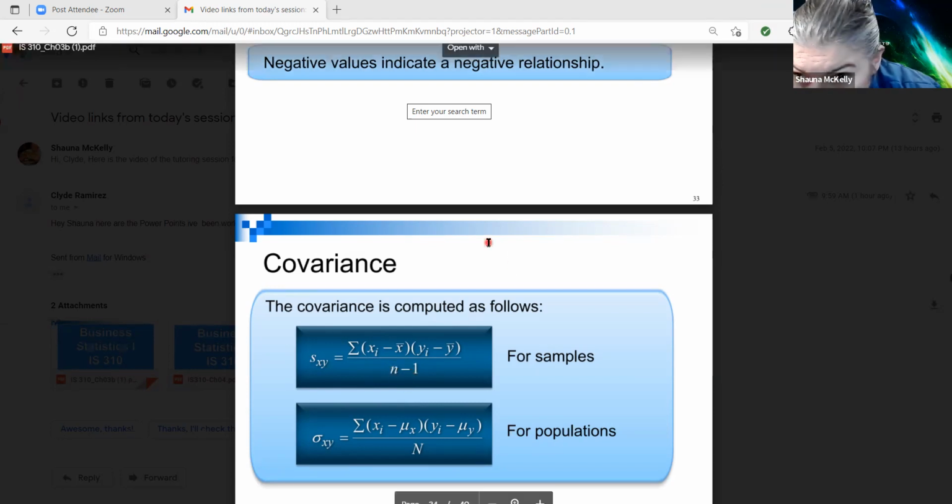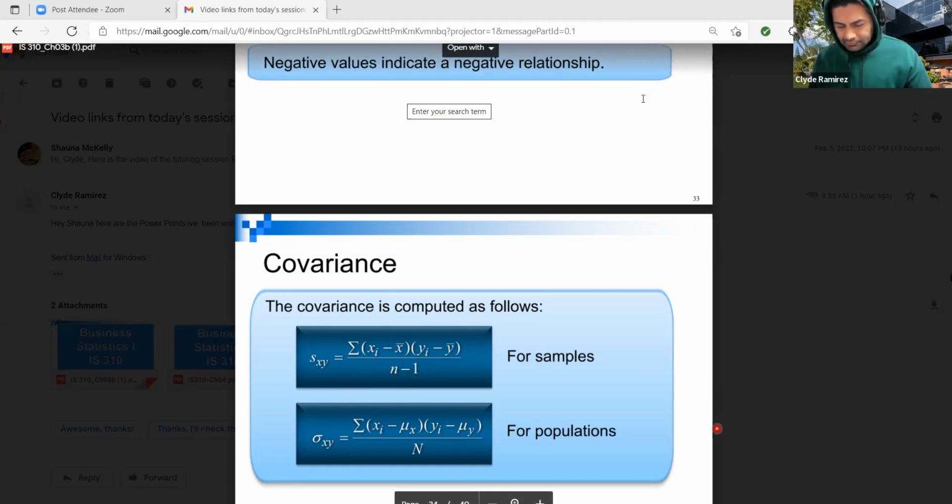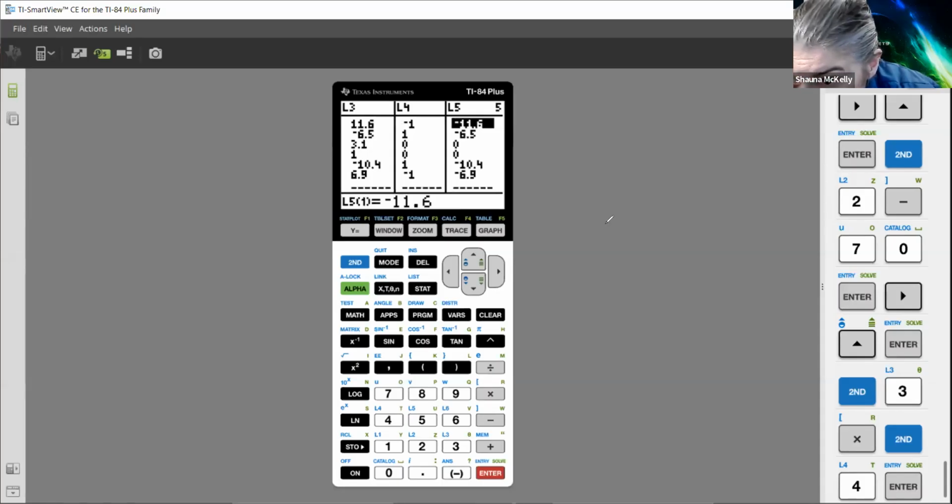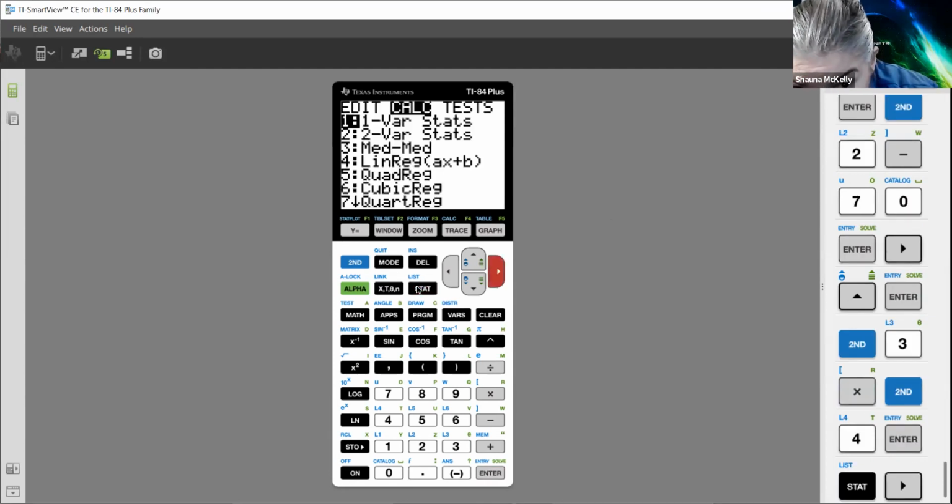So now I'm going to go back to the calculator here. I want the sum of L5. There are a couple of ways I could go about this, but L5 is what I'm interested in. Probably the easiest is to go to stat, go to calc, and use one var stats this time, because you're only working with one list of numbers.